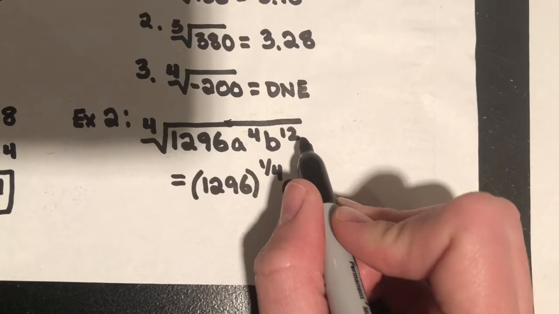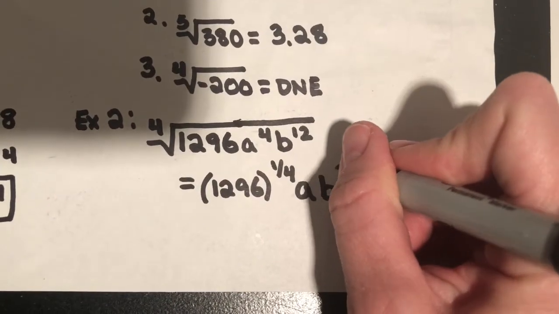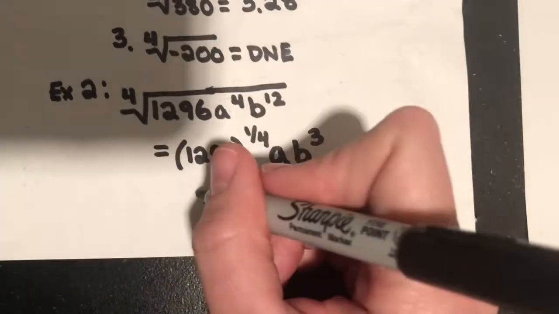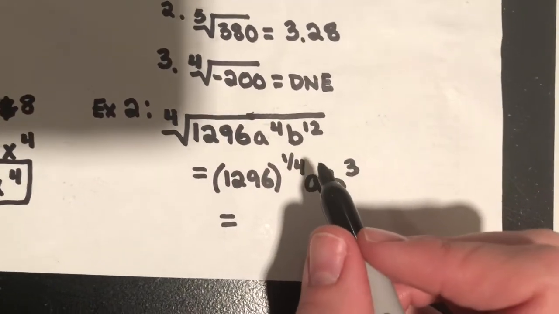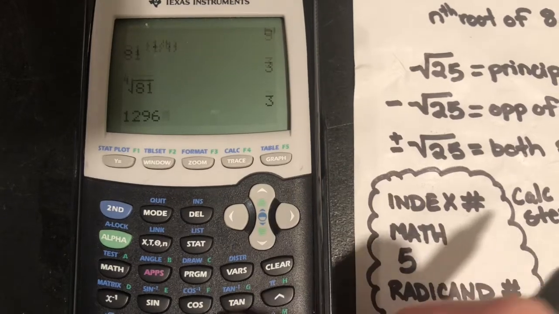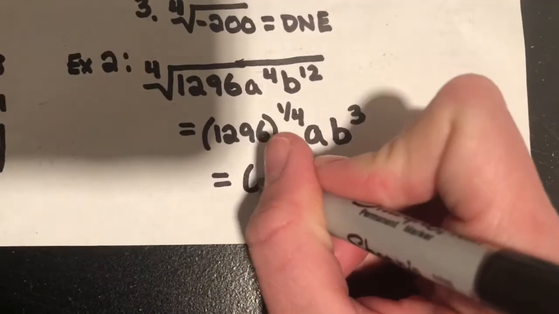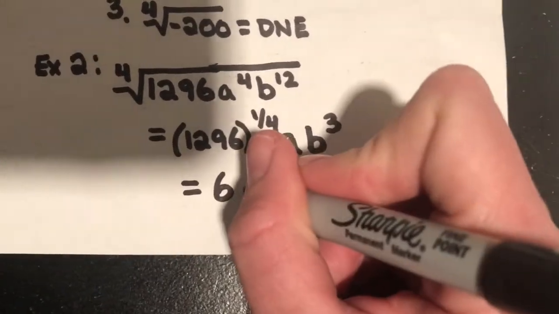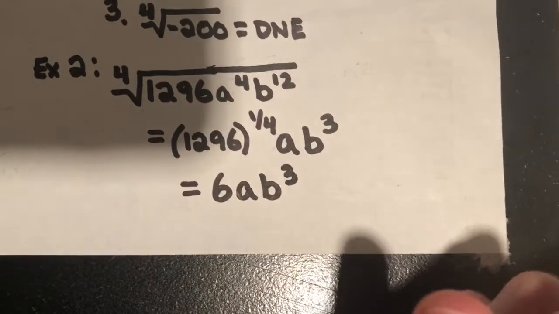B to the 12th, we're going to divide 12 by 4, and 12 divided by 4 is 3. Last, we need to go 1296 to the 1/4. And if we go over to our calculator, we have 1296 to the 1/4, and that is going to equal 6. So our final answer here is going to be 6ab to the 3rd.